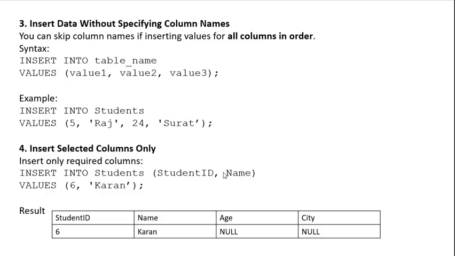So we insert only two data values, close the bracket and VALUES, and inside the brackets the ID is 6 and the name is Karan, close the bracket and a semicolon. So the result is student_id is 6 and the name is Karan, and the age and city values are not given in this case, so those values will show as NULL.